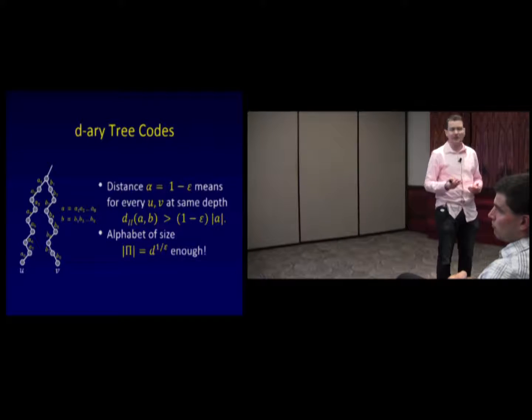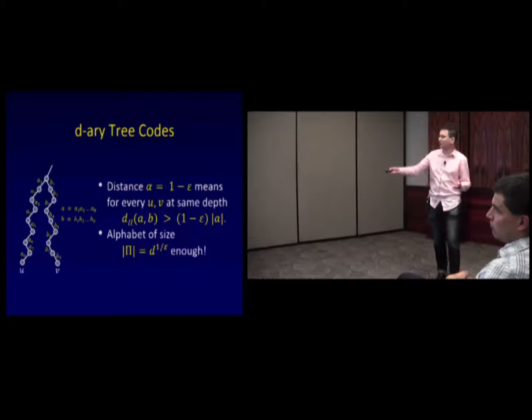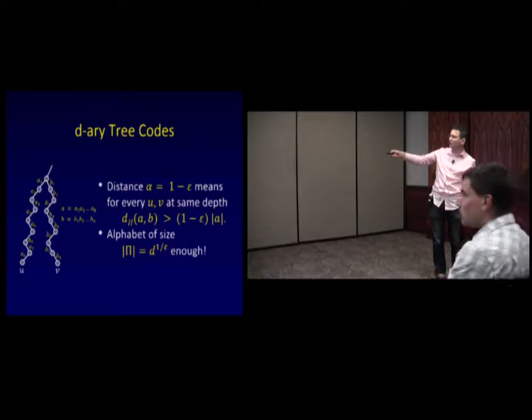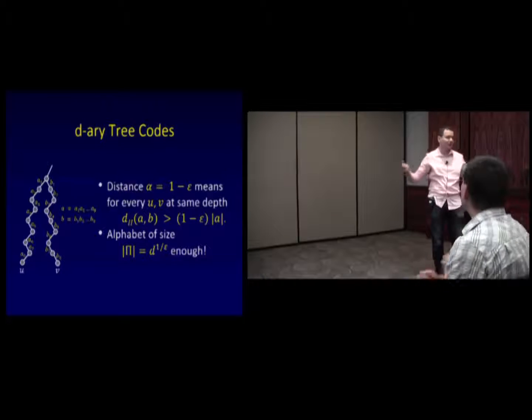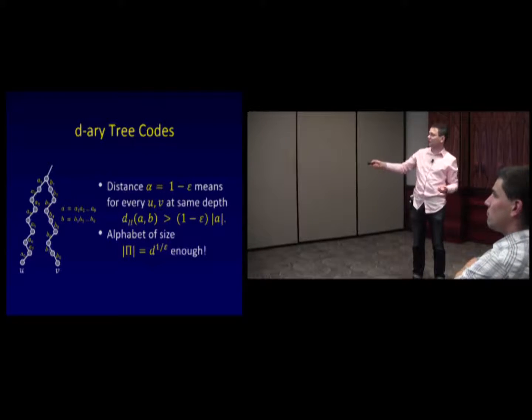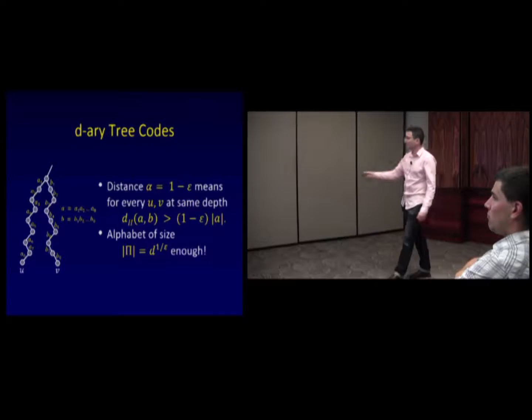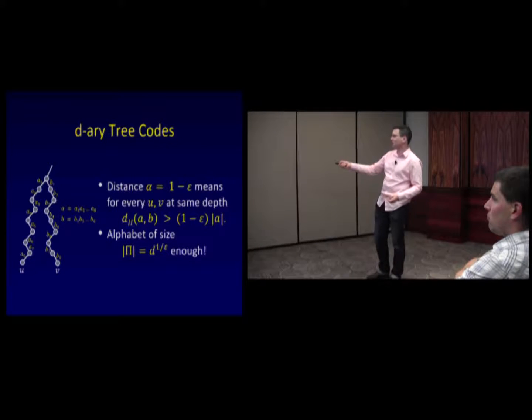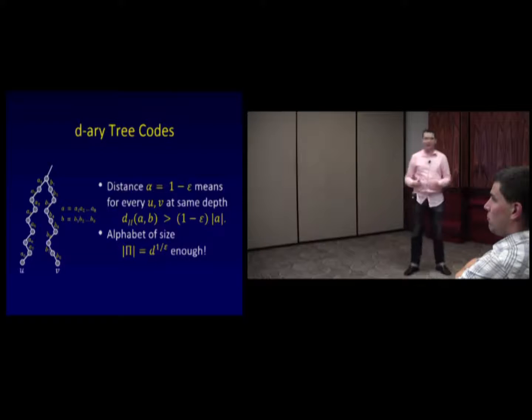Here, how different can U and V be? Because of the tree structure, it would be unfair to hold them responsible for the fact that they coincide here, because this is by design, this is a feature. So all we can do is demand that once the branches diverge, they look very different, and that's exactly what we demand. For that part, we want the distance to be 1 minus epsilon times the length.